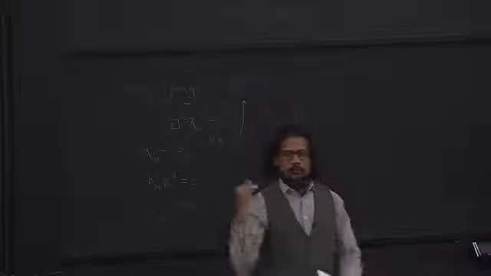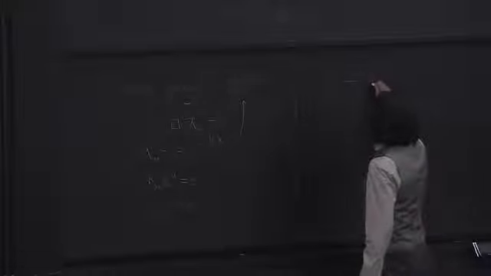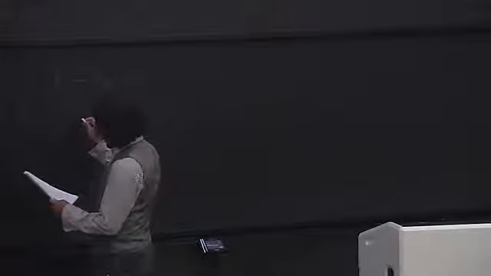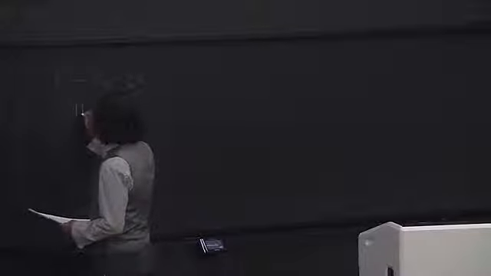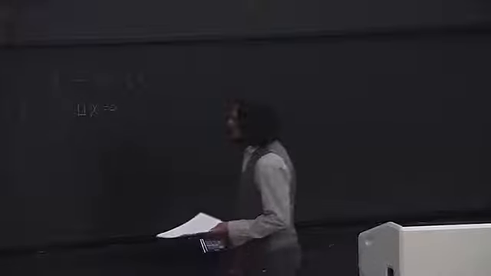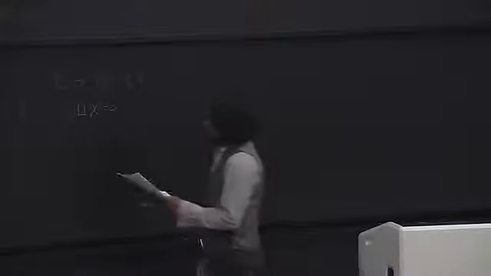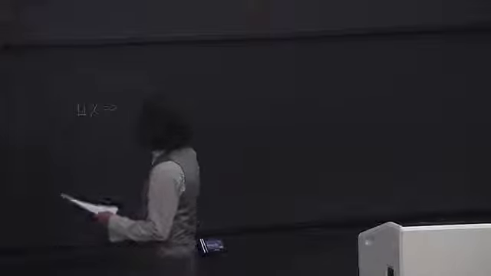You still have some wiggle room for making gauge transformations. So suppose you make another gauge transformation where you add the derivative of chi to this. As long as chi satisfies this equation, this condition does not change, right?